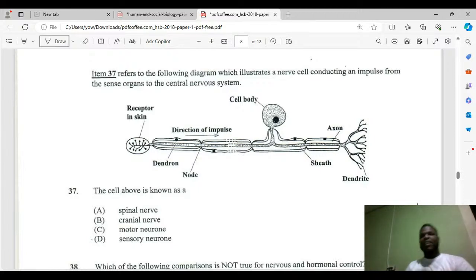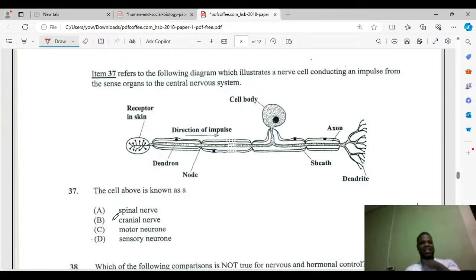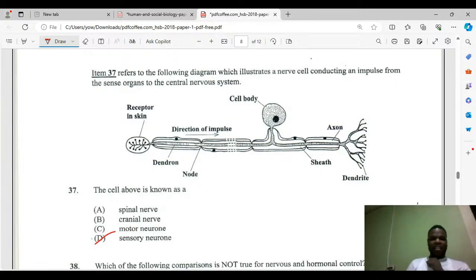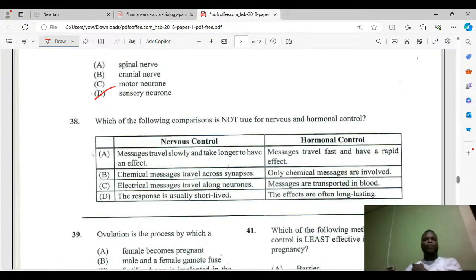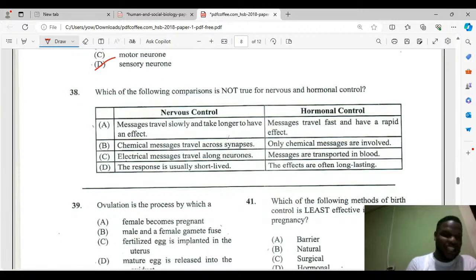It has to be, because you see here a receptor. The skin as a receptor is receiving a touch, and it's traveling along the cell body. So this is what we call a sensory neuron, because it is detecting something from the skin.